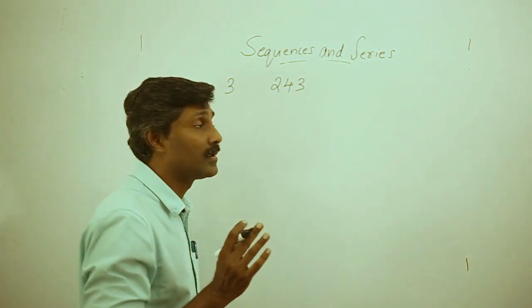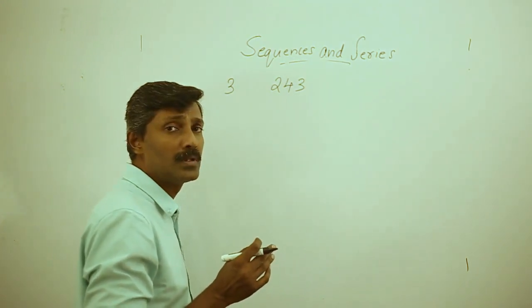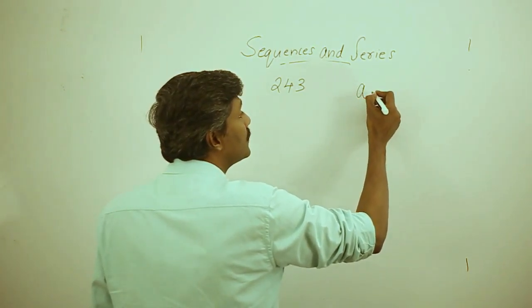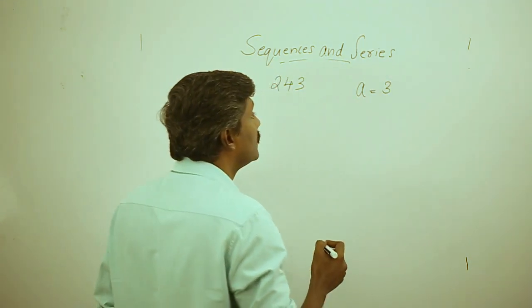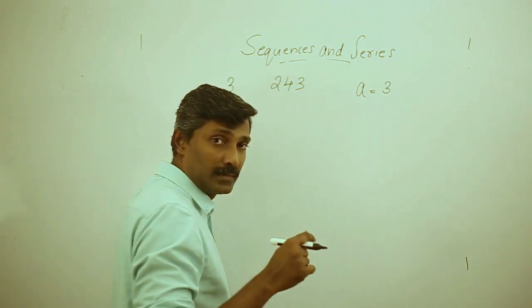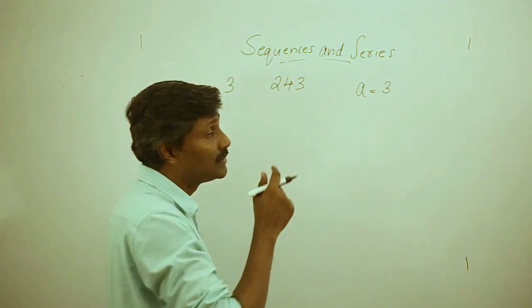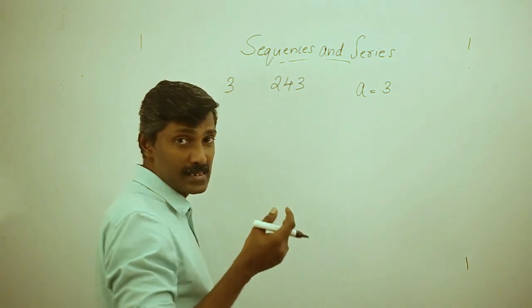So one thing is very clear, that this is a GP, right? Suppose we include three terms starting with 3. Our first term is 3 and we have to include three terms between 3 and 243 so that the resulting sequence is a GP.